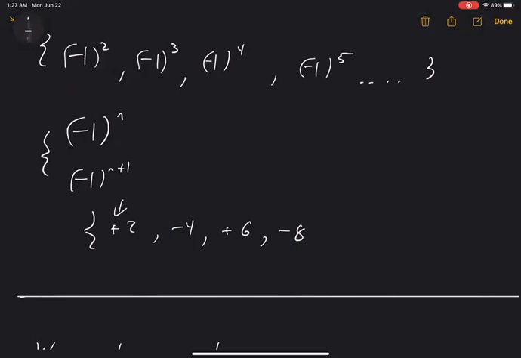Why? Because when I plug 1 into this, my first term is going to be positive, right? I'm going to have negative 1 to the power 1 plus 1, which is negative 1 to the power 2. So when I plug 1 into this formula, my first term is going to be positive. On the other hand, if I plugged 1 into this, I would have negative 1 to the power 1, so my first term would be negative.